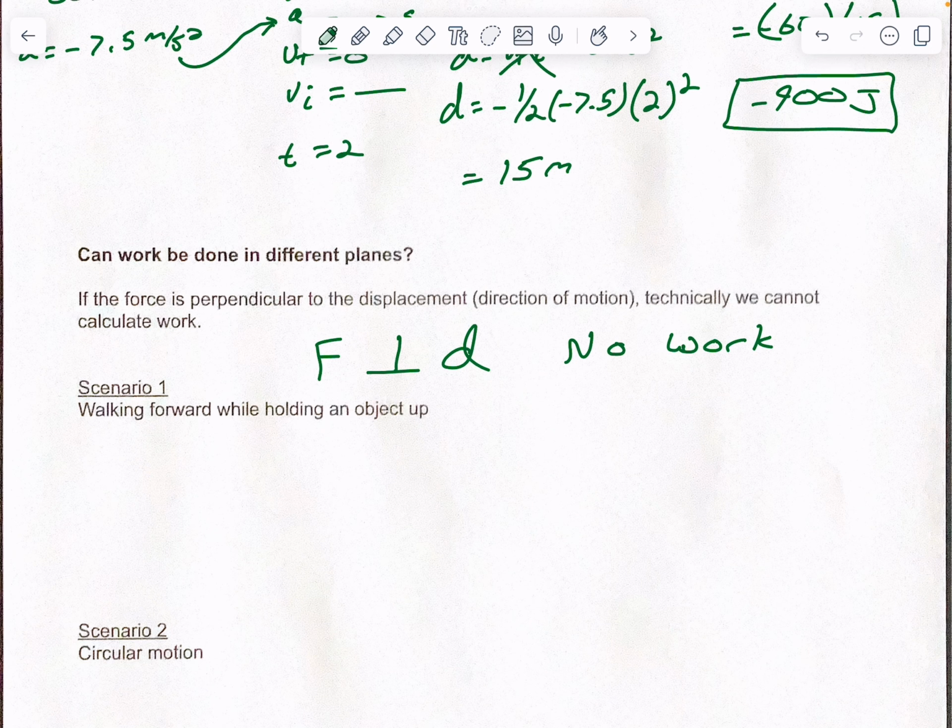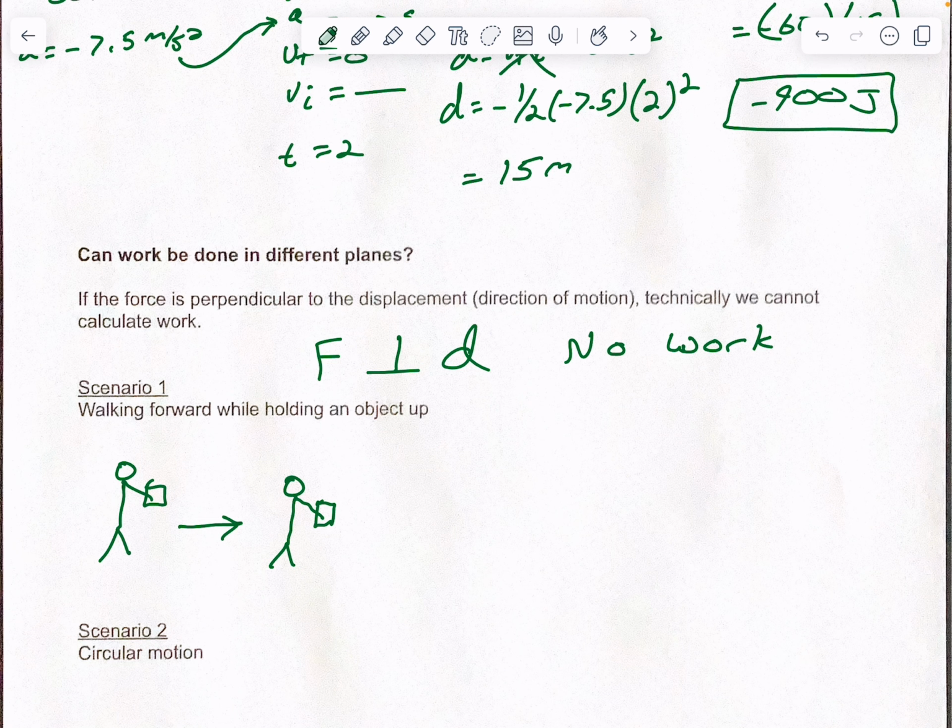So we're going to talk about some scenarios here. We have Bob here. He's carrying a box. He is just holding it and walking forward. A snapshot later in time, Bob looks the same, still carrying the box. So he didn't lift it at all. We're not lifting it up and down right now, we're just holding the box and walking.